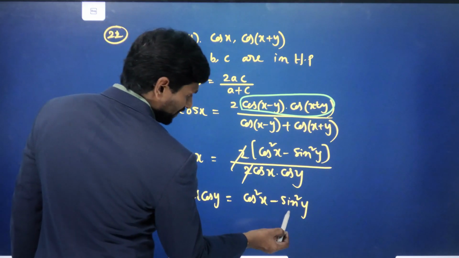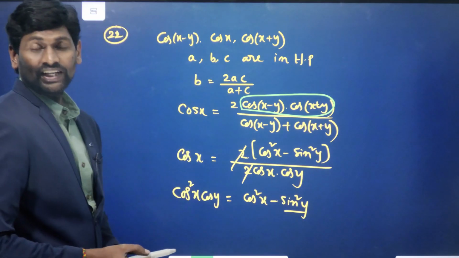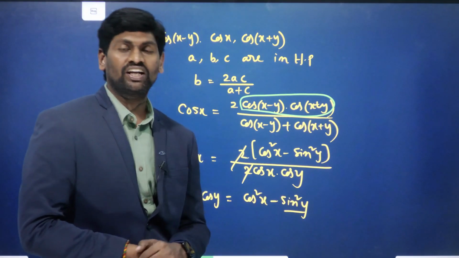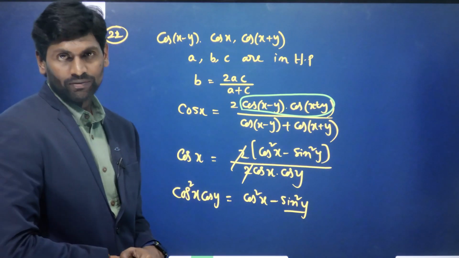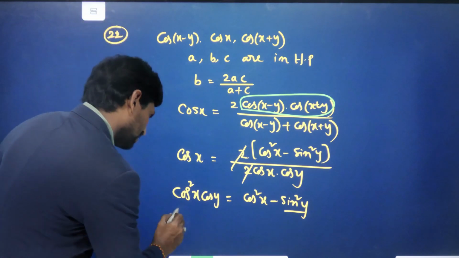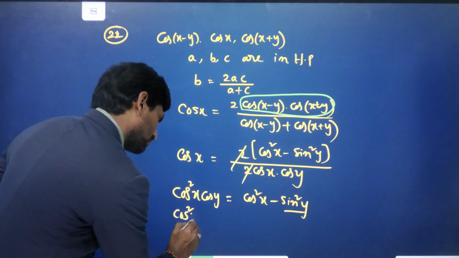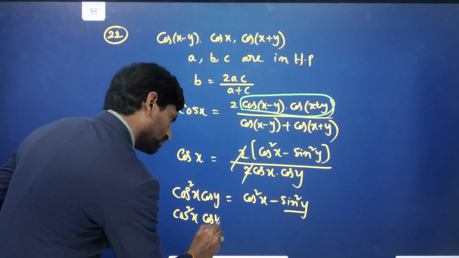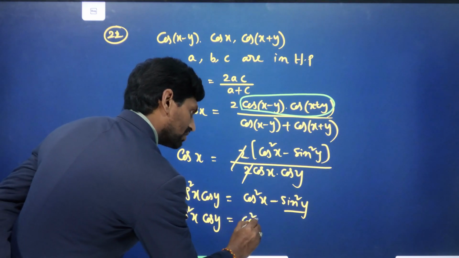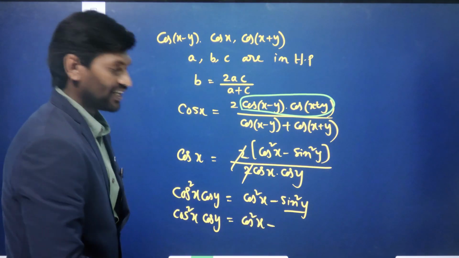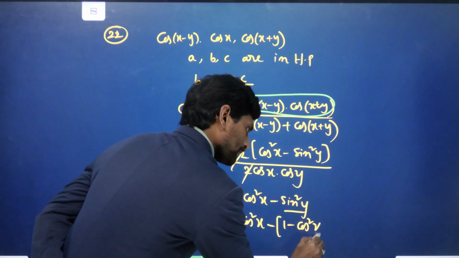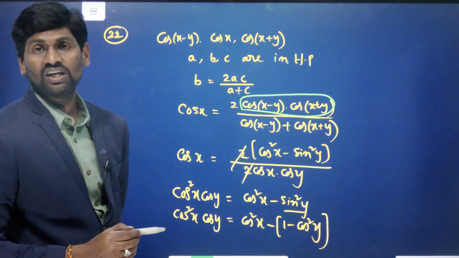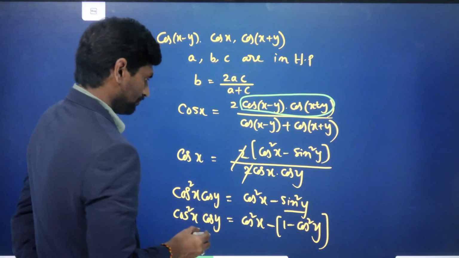Now I am just converting sin square y. In the place of sin square y, I can write 1 minus cos square y. So this is cos square x into cos y is equals to cos square x minus, in the place of sin square y, I can write 1 minus cos square y by using the identity of trigonometry.